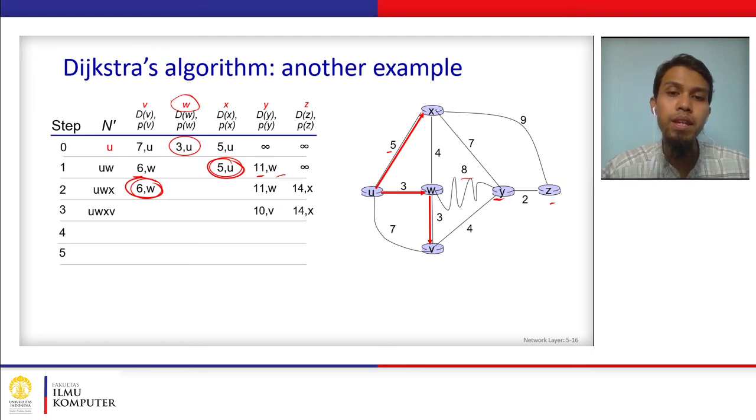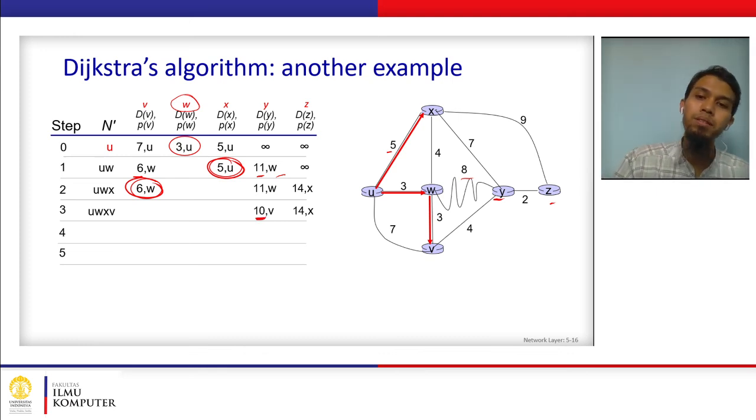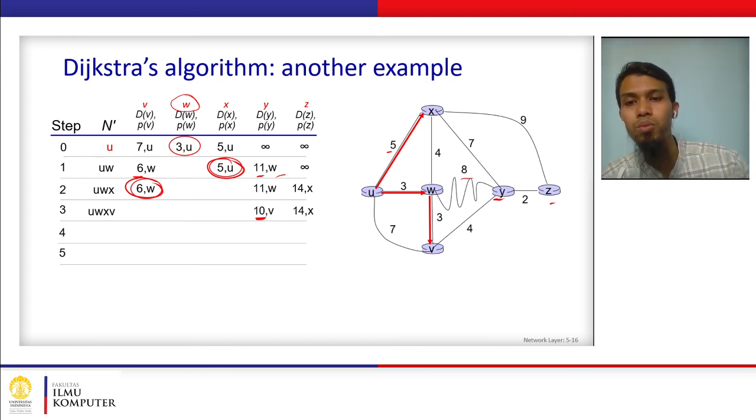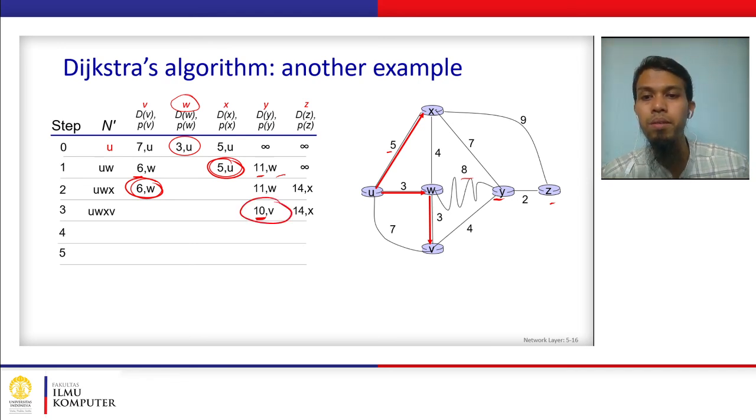But if we take the path through V, then the cost will be 6 plus 4, which is 10. Then we update the least cost path calculation to Y, and we find that in this iteration this is the least cost path. So we add Y to the N prime list, and then we are left with Z.